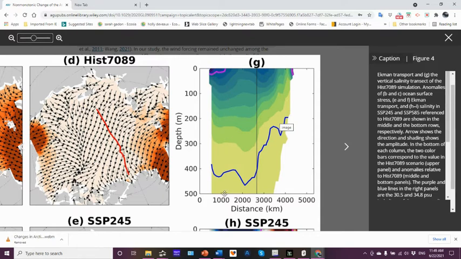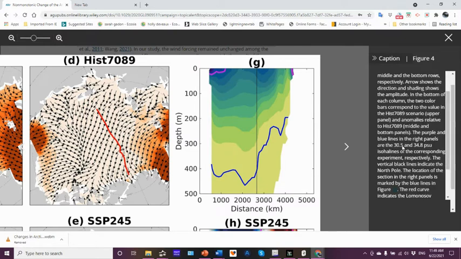So we go 1,000, 2,000, 3,000, whatever kilometers from that reference location. When you look here, the purple and blue lines in the right panel are the 30.5 and the 34.8 practical salinity unit isohalines. The vertical black line indicates the North Pole.